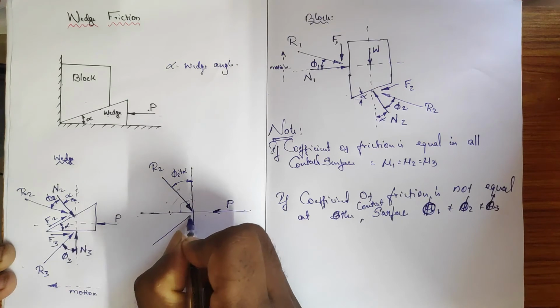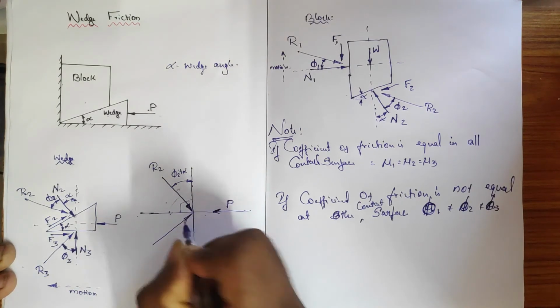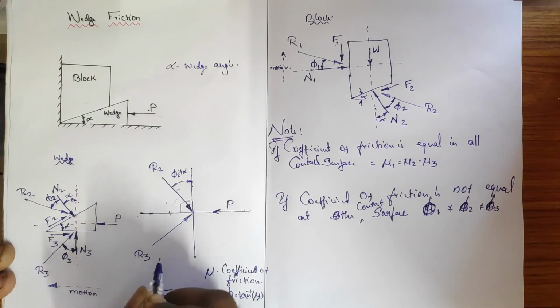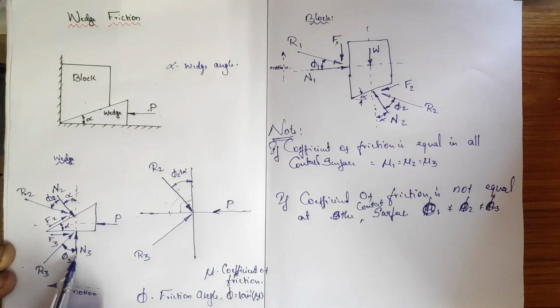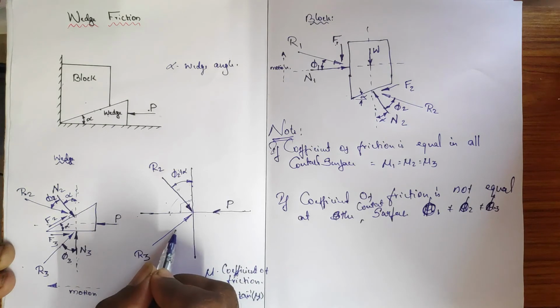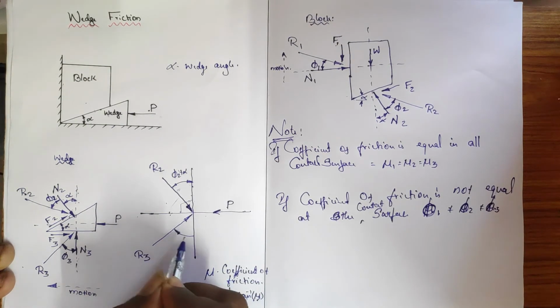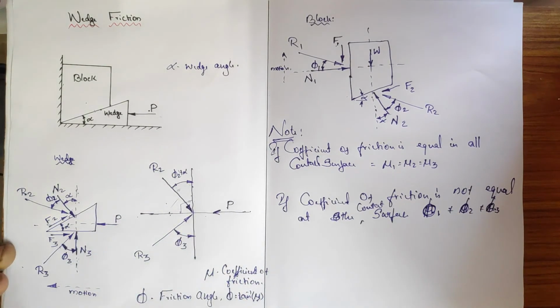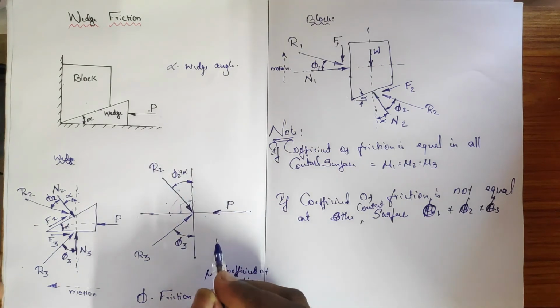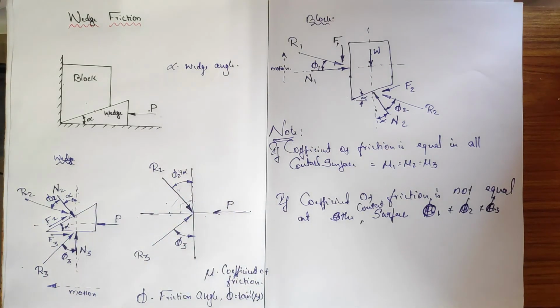Here the resultant is moving in this direction, which is R3, and this angle with respect to the vertical is phi 3. Any other force? No, only 3 forces. So resolving this wedge will be easier when compared to the before one.